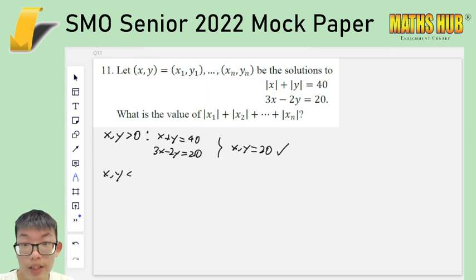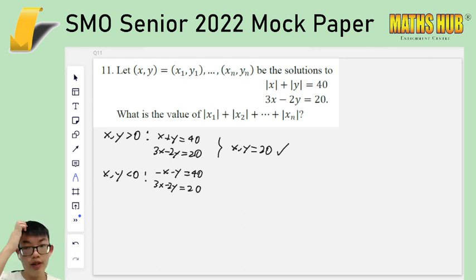Next one, x and y are both negative, then it gives you negative x minus y is 40, and the second equation never really changes. We can again now add 3 times the first equation to the second equation.